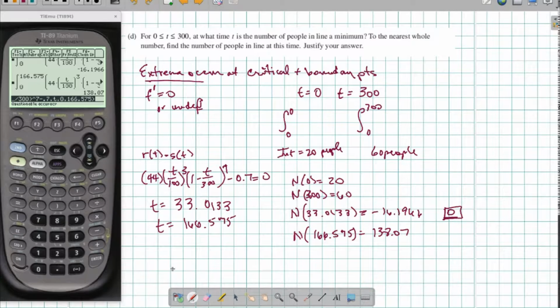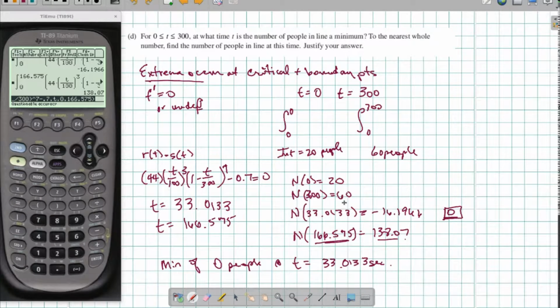And so I have a minimum of 0 people at t equals 33.0133 seconds. Now, it didn't ask where the maximum was, but my maximum is occurring at 166.575. And of course, these 20 and 60, those are just boundary points, so those are values in between.